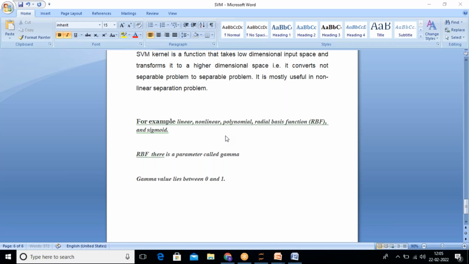Getting the point? Clear? So this is actually what we call SVM and its kernel. Got it? What is actually the kernel basically? Okay, hope so. I have made it clear to everybody.